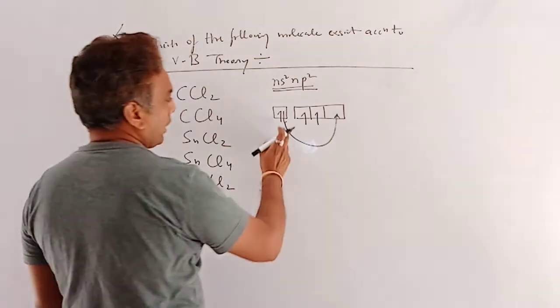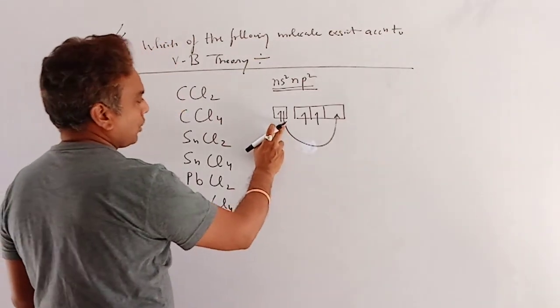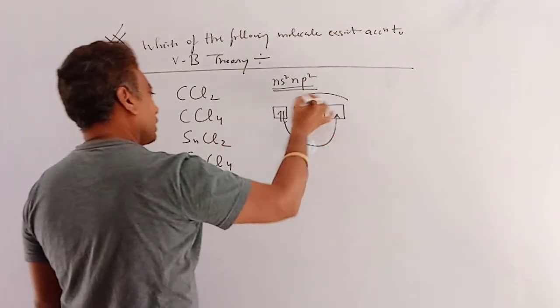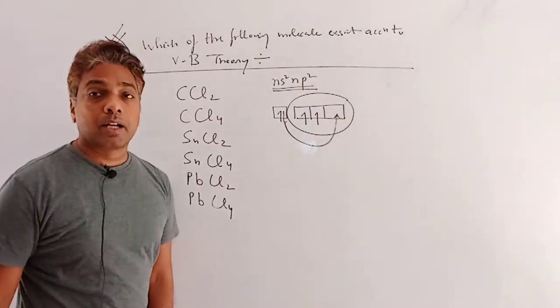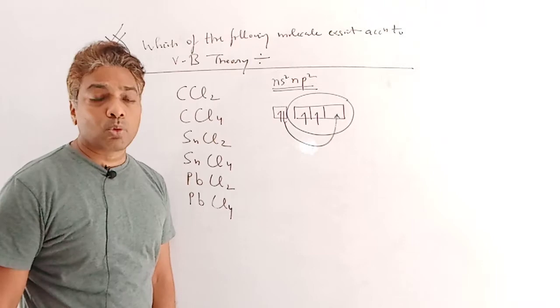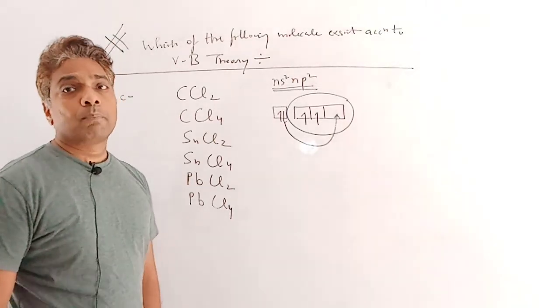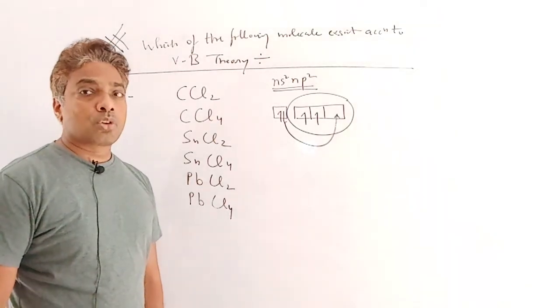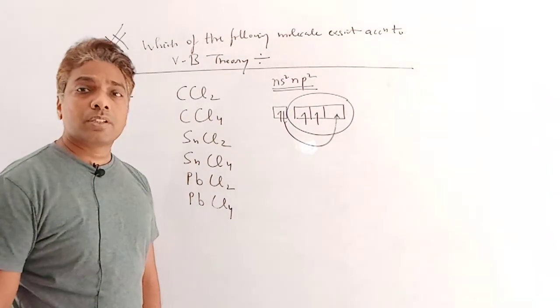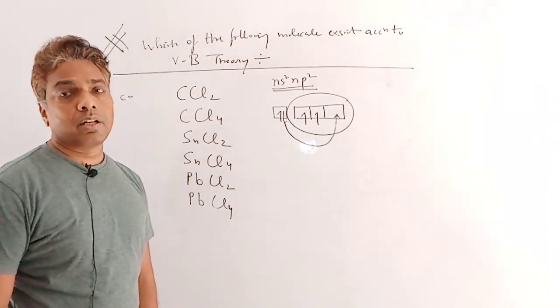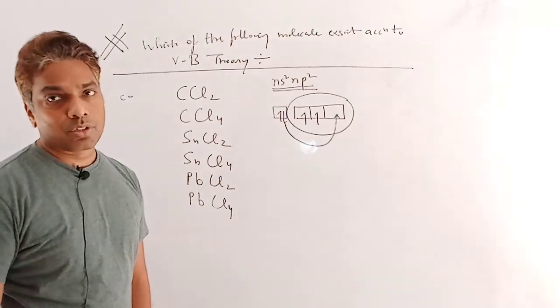And after excitation of the ns electron, the p subshell becomes half filled, and a half filled p subshell is more stable as compared to a partially filled p subshell. So carbon forms compounds always in excited state, never in ground state.